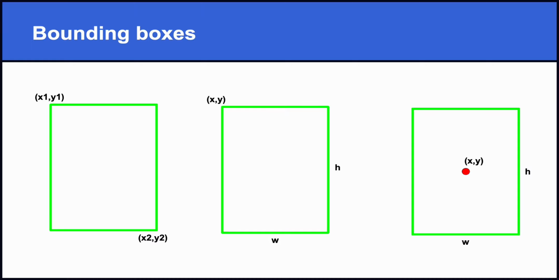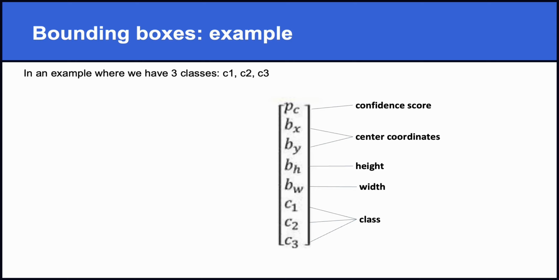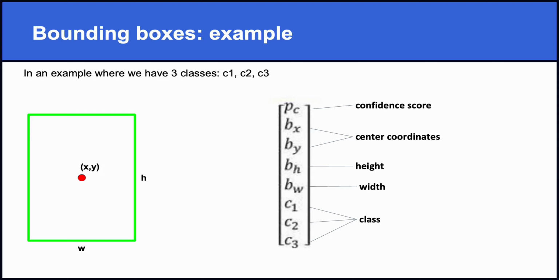For example, in the center representation, we would have this vector to represent each bounding box that we would have detected. PC is the confidence score, basically a probability that tells us how certain the model is about this detection. BX and BY are the center coordinates of the bounding box, as we saw earlier.